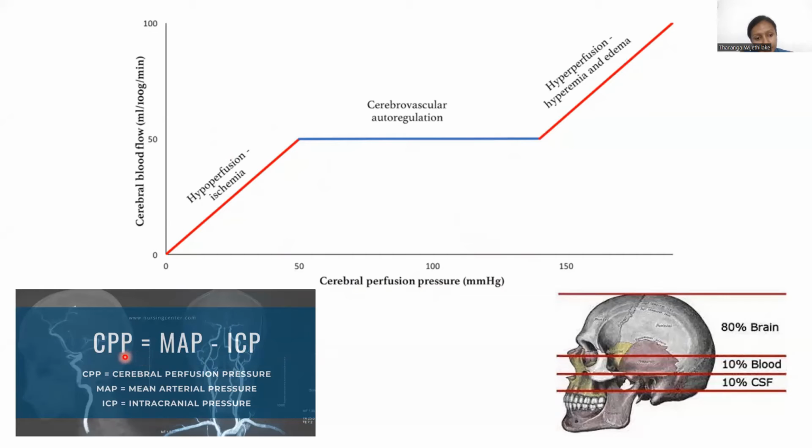Why did the CPP change? Because your intracranial pressure went up. To maintain the same flow, your CPP went up. How did it go up? By increasing your mean arterial pressure.